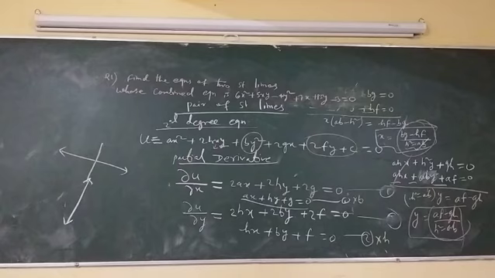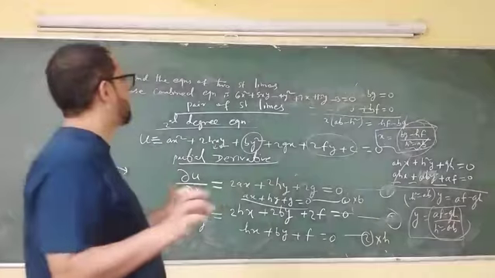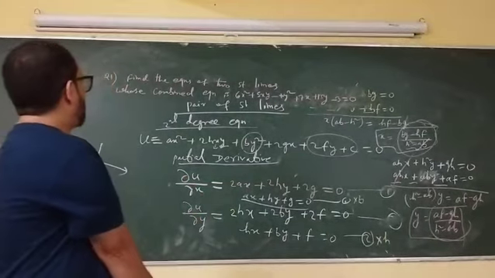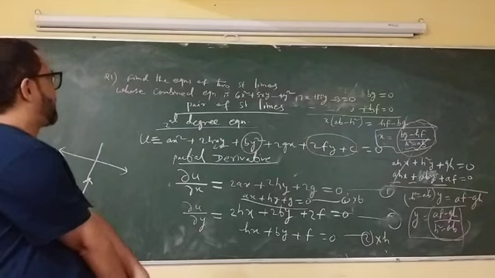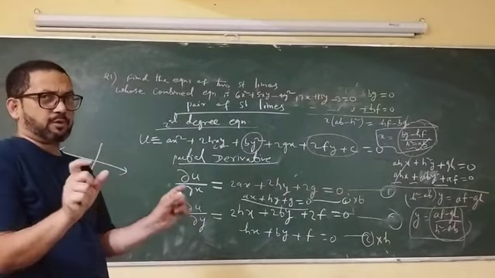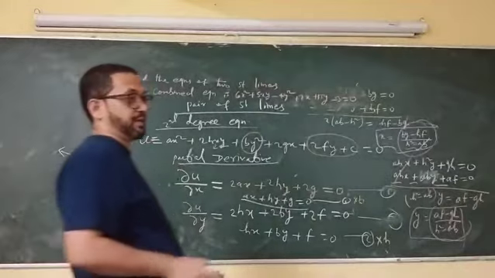A pair of straight lines is two linear equations with two variables clubbed together. Understand? So here, if you are asked to find the lines, there are two ways of doing it. First, you can go for factorization, but most of the time our mind doesn't think of it.